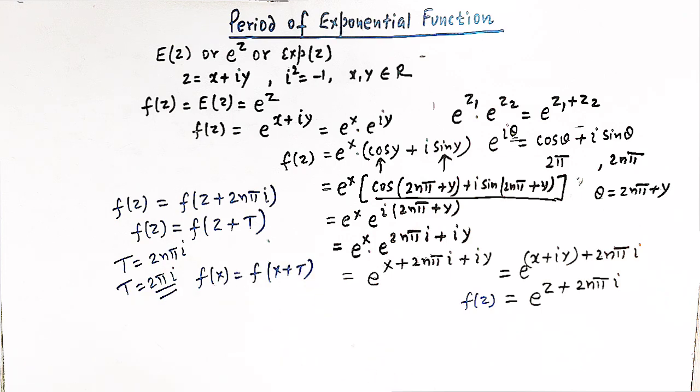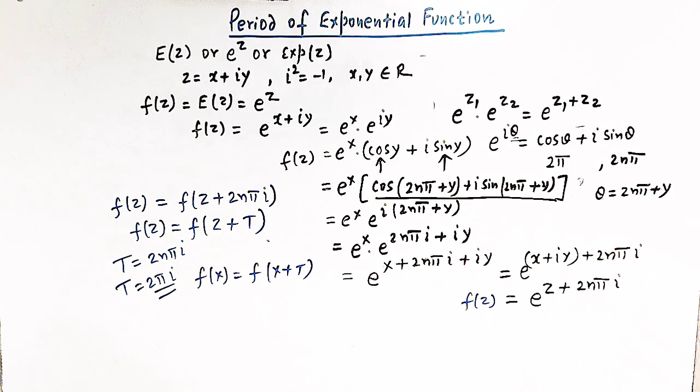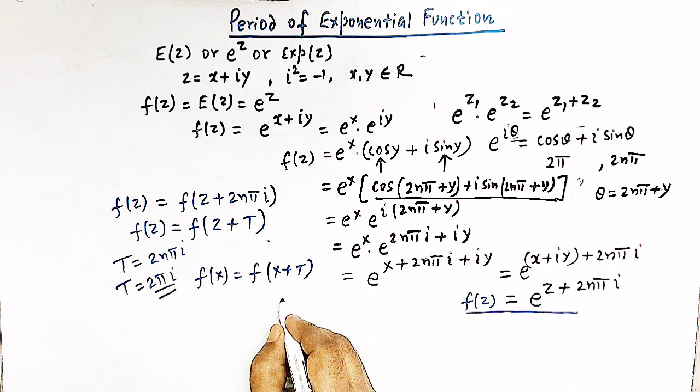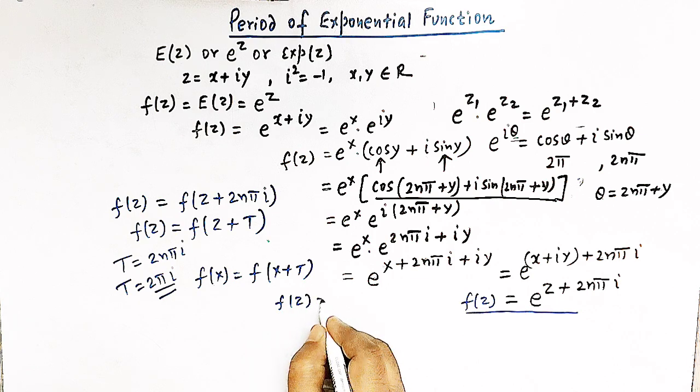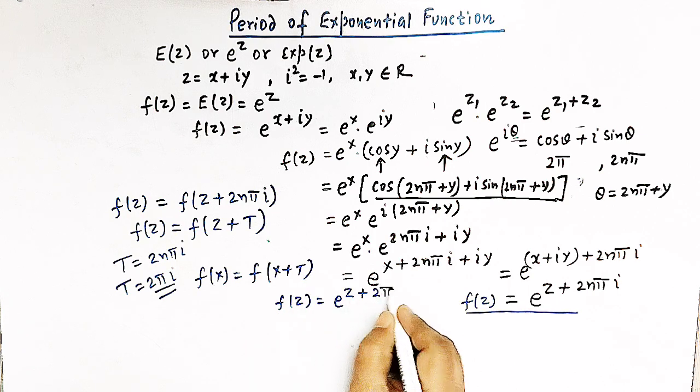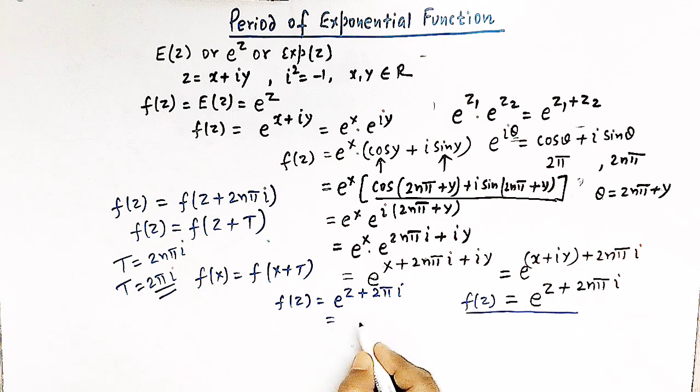So the period of complex exponential function is a complex number that is given by t is equal to 2 pi i. So now we can write this relation as f of z is equal to e raised to z plus 2 pi i, that is equal to f of z plus 2 pi i.